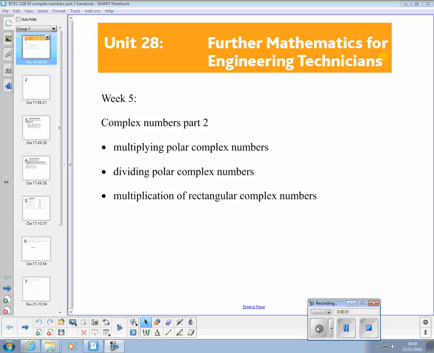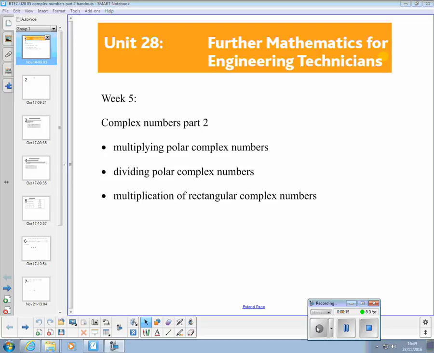Gentlemen, we made a start on complex numbers last week, so this is part 2 of that. We're going to do a little drill on what we did last week in a minute, and also a little bit of what will lead into this week.